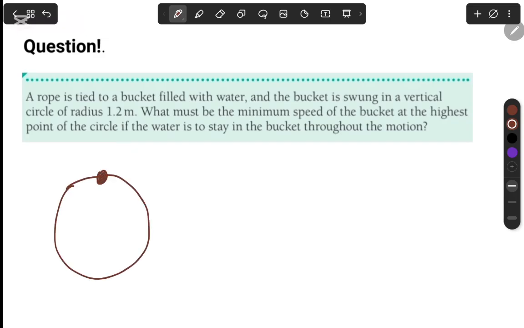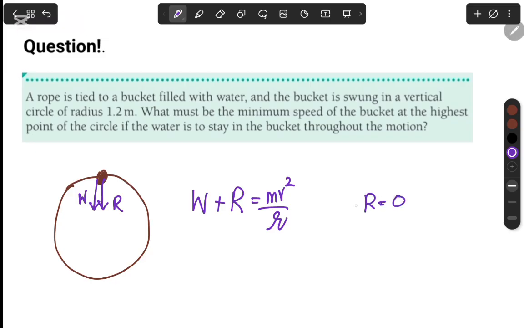So at the top, we're going to have our forces. We're going to have the reaction force. You're going to have the weight force. So we're going to write weight plus the reaction force is equal to mv squared over R. Now, at the top, there will be a point where it is possible for the reaction force to be equal to 0, right?